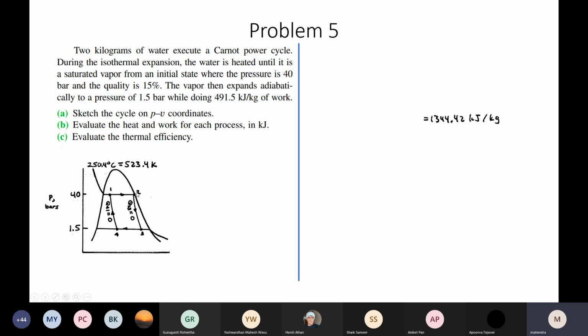So why can't we go superheated? Here it is constant pressure as well as constant temperature. Our Carnot cycle itself demands a constant temperature process, meaning an isothermal process. If you go beyond this point, then that process itself would not be isothermal because temperature would be increasing.